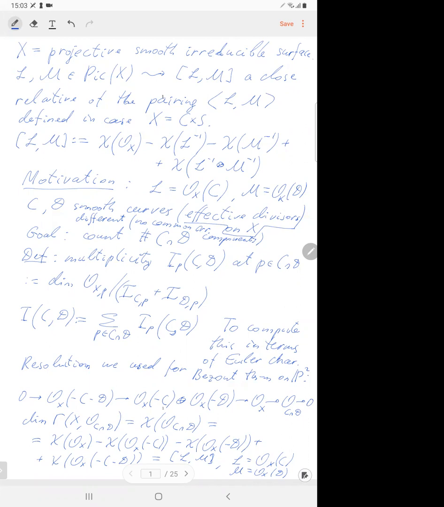Today, we're going to prove the Riemann-Roch theorem for line bundles on surfaces, which is very important also. And to do this, first we have to check that this pairing is really a pairing, I mean, a bilinear pairing.